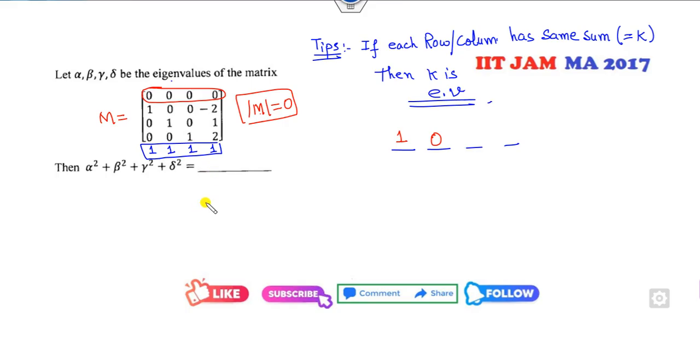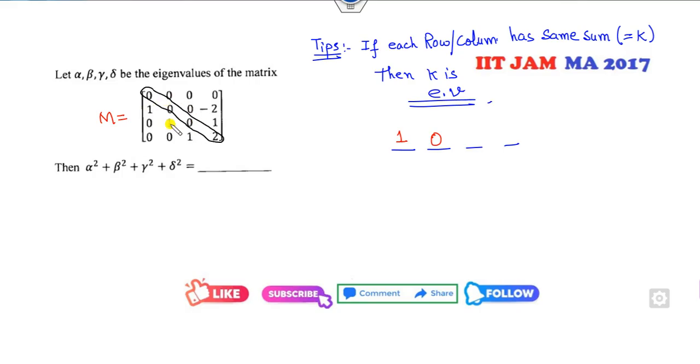Any idea? I think that's again very, very simple. How can you think about that? There is no need to write A minus lambda I equal to 0 here. If you closely look at this matrix, what are the diagonal entries?